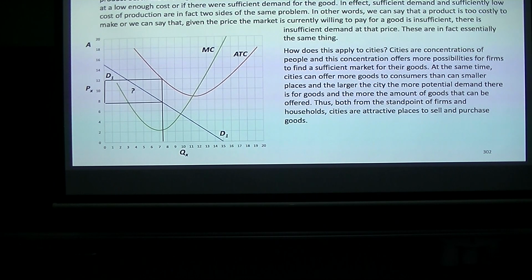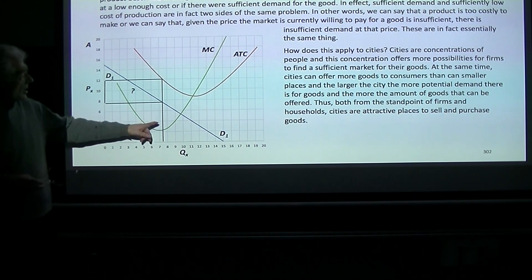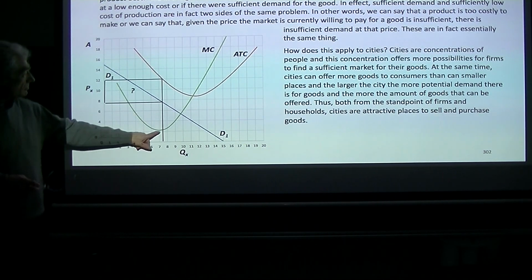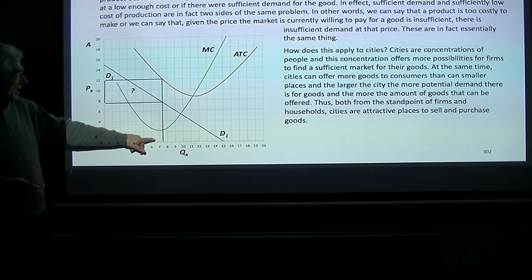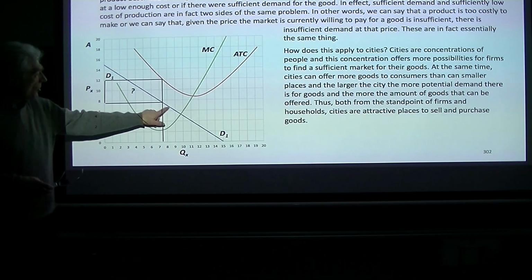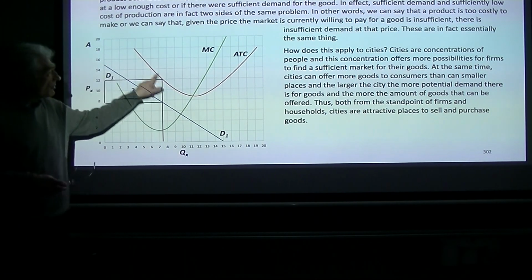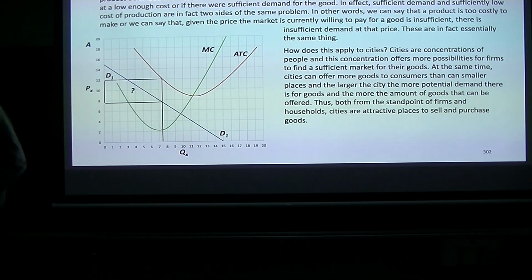So this describes a firm. We did talk about this. It describes a firm in a market too small for it to operate. At any point on the demand curve, the average total cost is above the demand curve.